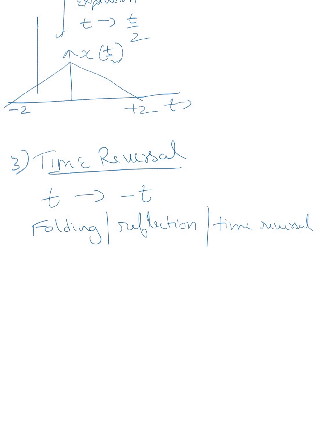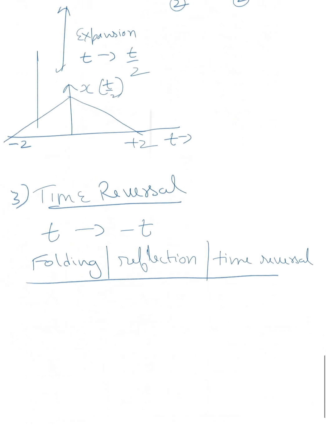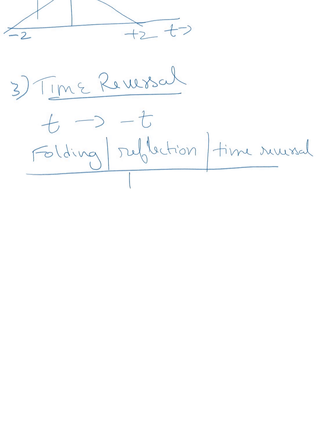And all the three, these folding, reflection or reversal, takes place at the origin, that means at time t is equal to 0. The time reversal reverses, or you can say reflects the signal, taking t is equal to 0 as the axis point.